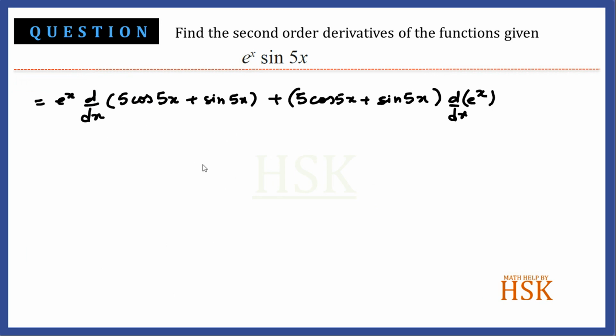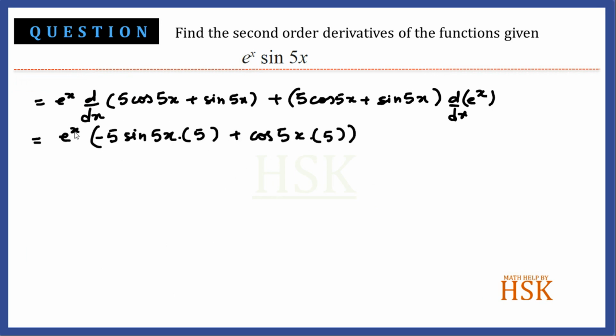Now this on differentiation would give me e to the power of x into minus 5 sine 5x into 5, because on differentiating cos of 5x I'm going to get minus sine of 5x into 5, because here on differentiating 5x with respect to x I'm going to get 5, and differentiation of sine of 5x would be equal to cos of 5x into 5. Okay, and next this term as it is, and d by dx of e to the power of x would be equal to e to the power of x.